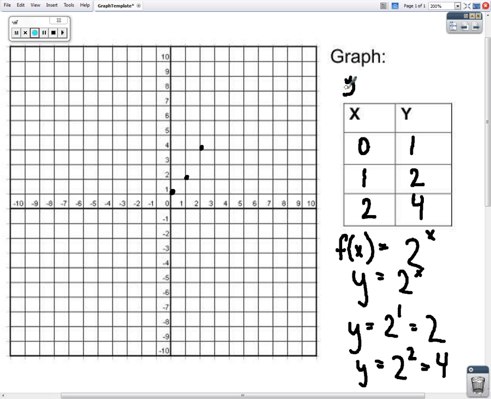I'm going to do y equals 2 to the third. So in this case, x is going to equal 3. And y is equal to 2 cubed, which is 8. So if we go over 3 and up 8, now you can kind of see more clearly the curve of what's going on.